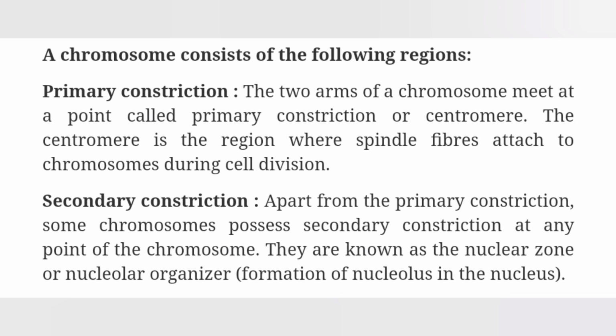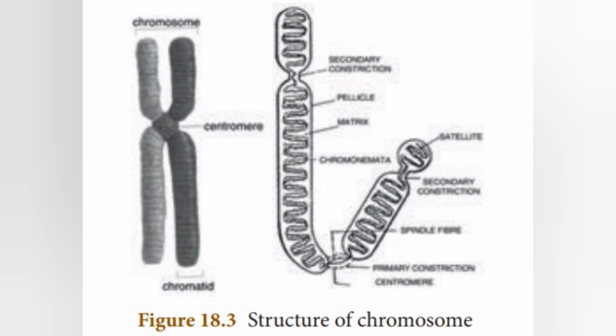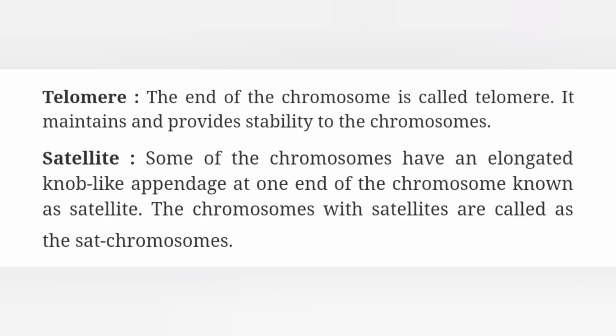Next one, secondary constriction. Apart from the primary constriction, some chromosomes possess a secondary constriction at any point of the chromosome. They are known as nucleolar zone or nucleolar organizer. Formation of the nucleolus in the nucleus. Next one, telomere.